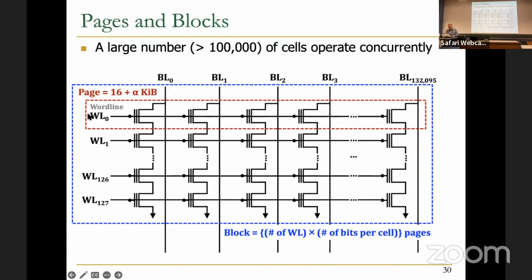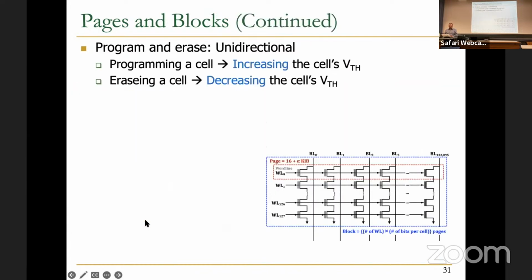Assuming that we have SLC, each word line stores 1 page. And this alpha here is the metadata, like the ECC and some other stuff. So a page is 16 kilobytes, and you need to store it, and in addition, you need to keep some more data. So that's the word line, and you can see the number of pages that you can have in a block.